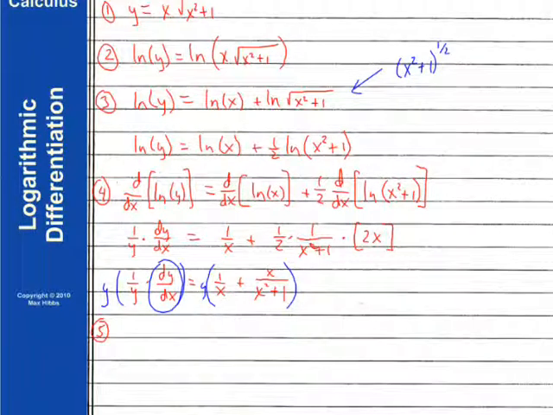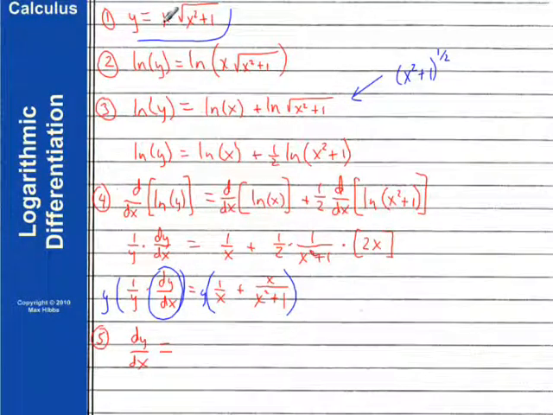And what does that do? Well, on the left side, of course, that just leaves us with dy dx. So we're multiplying both sides by y, and that leaves dy dx over here. Now, here's the extra kick: we have to remember that we know what y is. y was our original function. y originally was x times the square root of x squared plus 1.